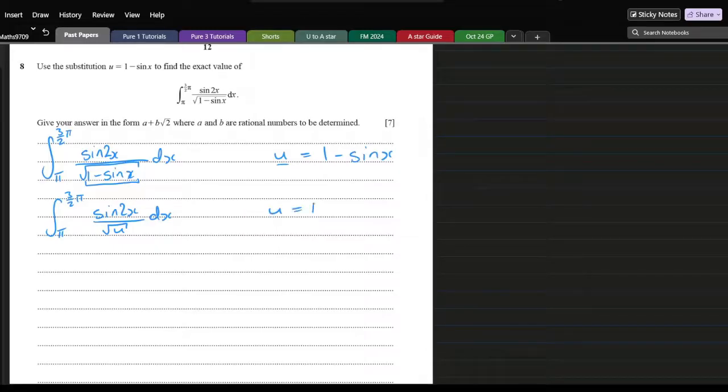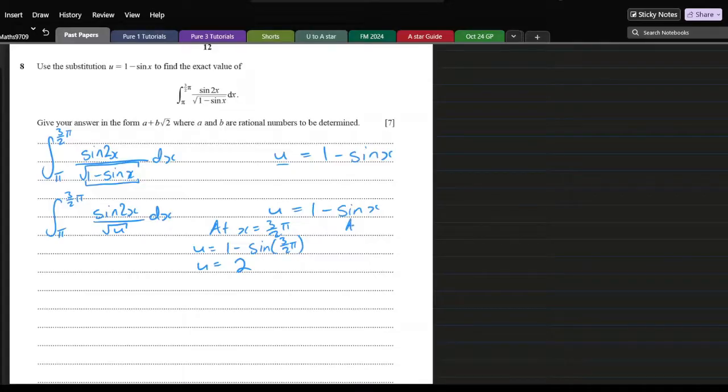So we've been given u is 1 minus sine x, and let's evaluate u at x is 3 over 2 pi. So u is equal to 1 minus sine 3 over 2 pi, and that gives us u is 2.